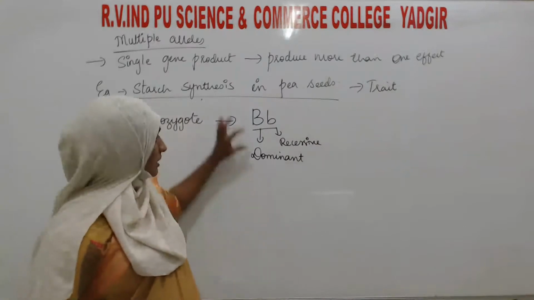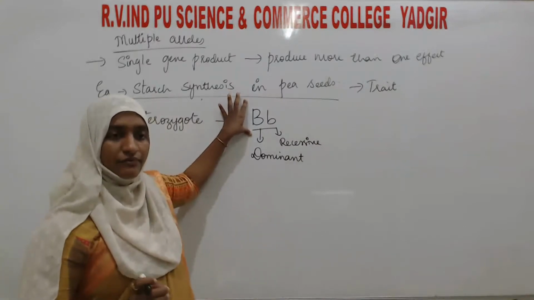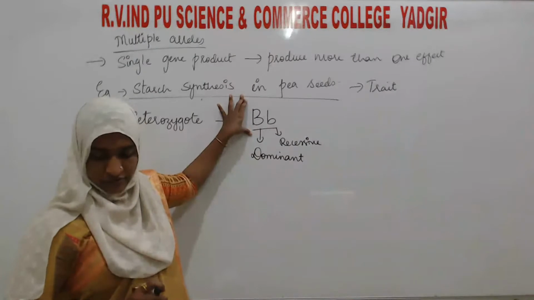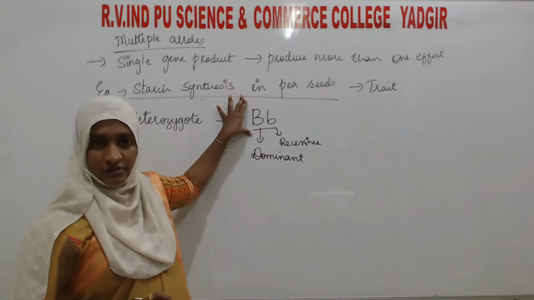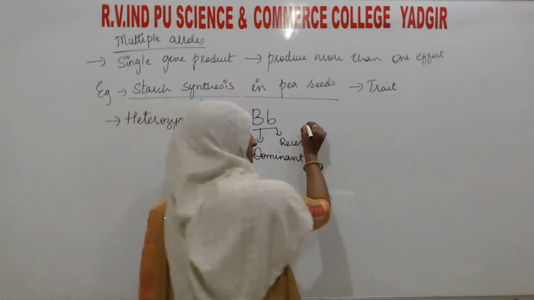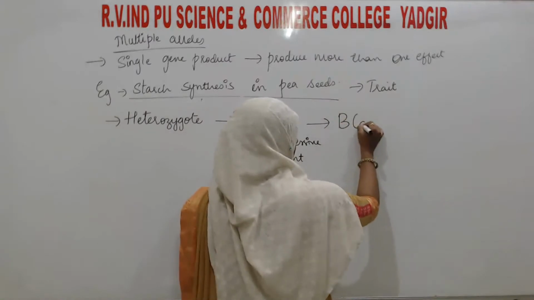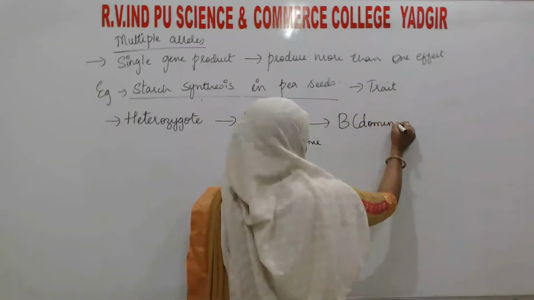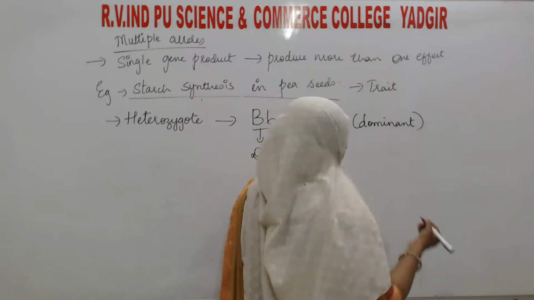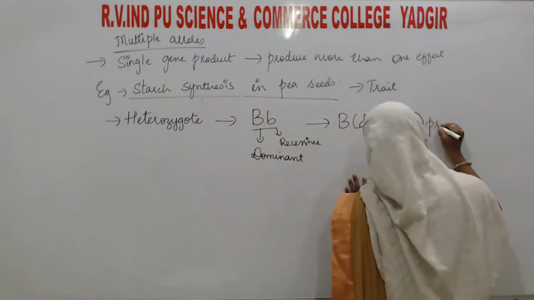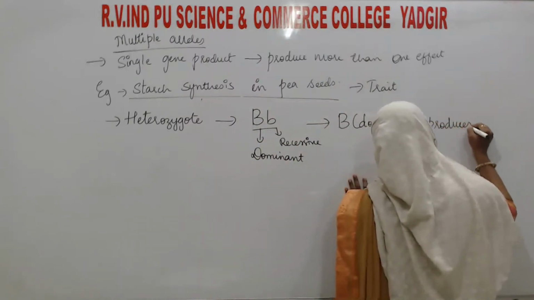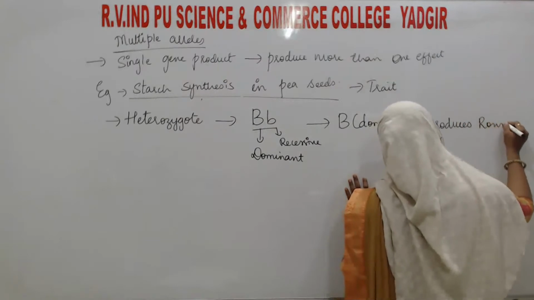So here the capital B, which is dominant, produces the round seeds.